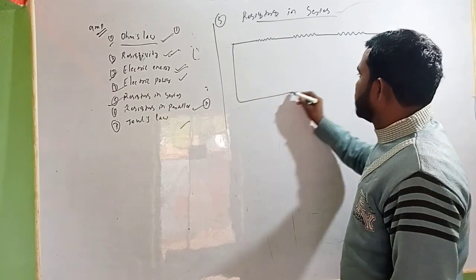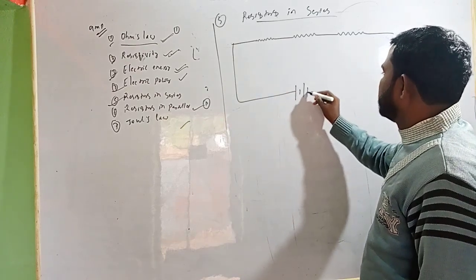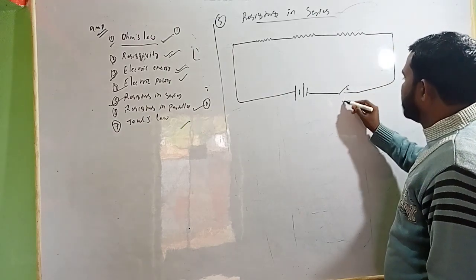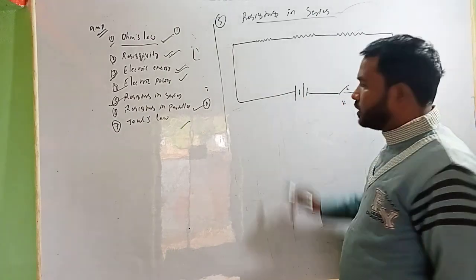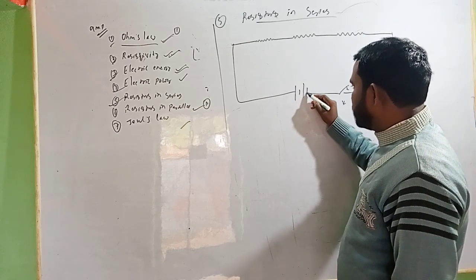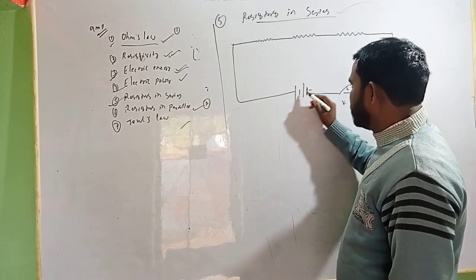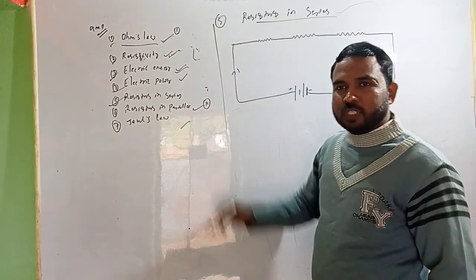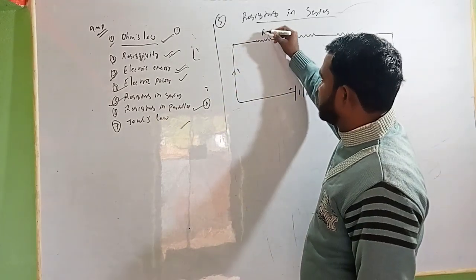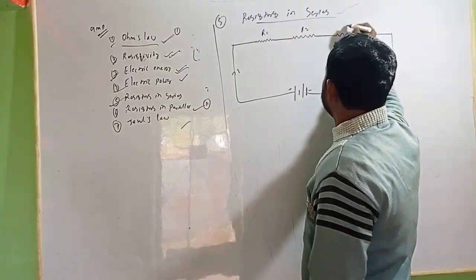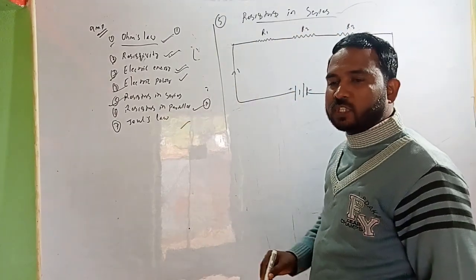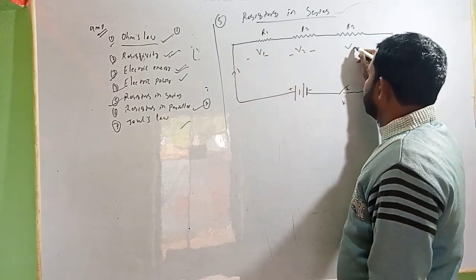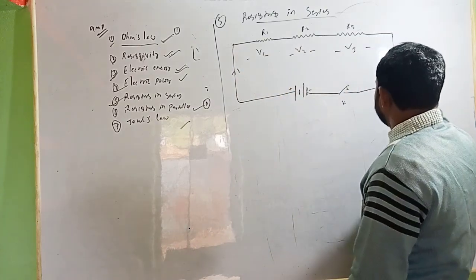Now you connect these with a battery, and also you take here the tapping key, that is K. Here the small terminal is the negative, and the bigger one is the positive, and current will flow through the positive. You can put this resistor R1, this is R2, and this is R3. So what will be the potential? The potentials will be V1, V2, and V3. Can we write? Okay, very good.